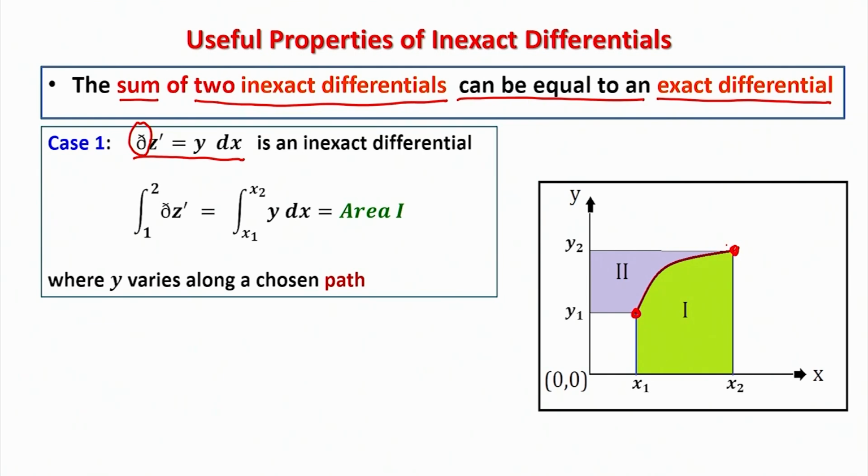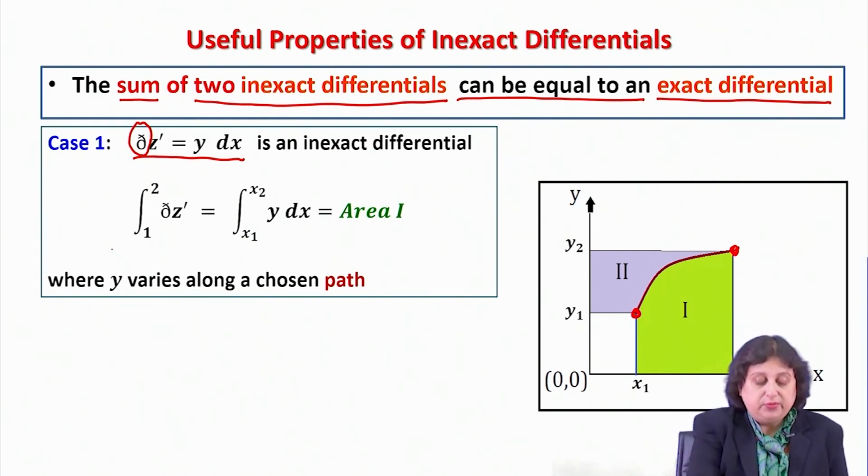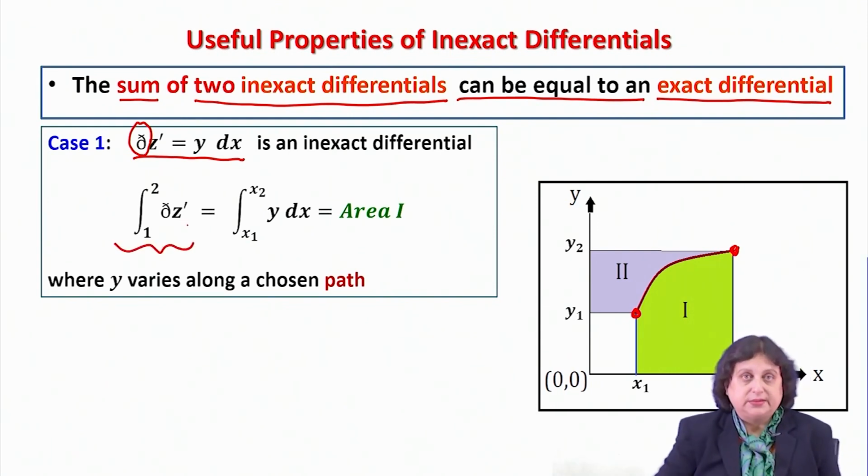But initially, we started by saying that x and y are independent of each other. Therefore, if z' is a function of x and y, and δz' is an inexact differential, in that case, I have to define y as a function of x to find out the value of this integral here.